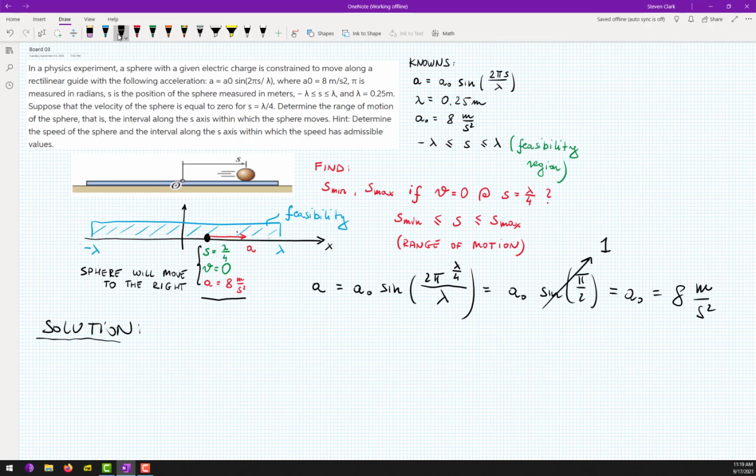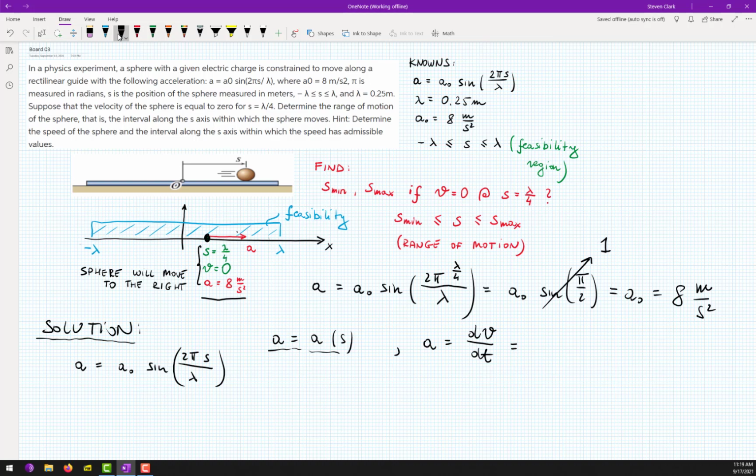So I would like to start by integrating this expression, A is equal to A0 sine 2 pi s divided by lambda. Please observe that our A is a function of position. Every time I see that A is a function of position, I think of using the other expression.